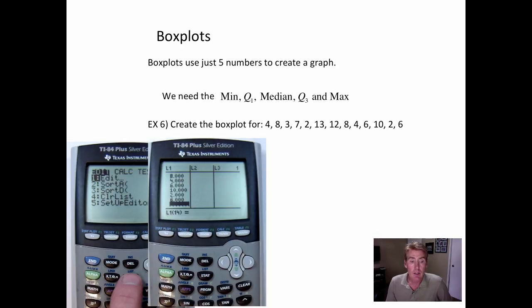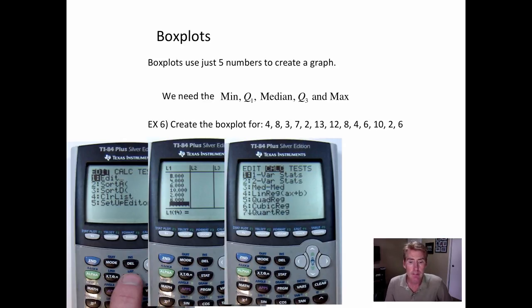So anyway, you go to Stat, Edit, type in the numbers. Do I need to pause again? Okay, type in the numbers. All right, here we go. And then you go to the one variable statistics. So stat, and then move over to calculate, and then hit enter.